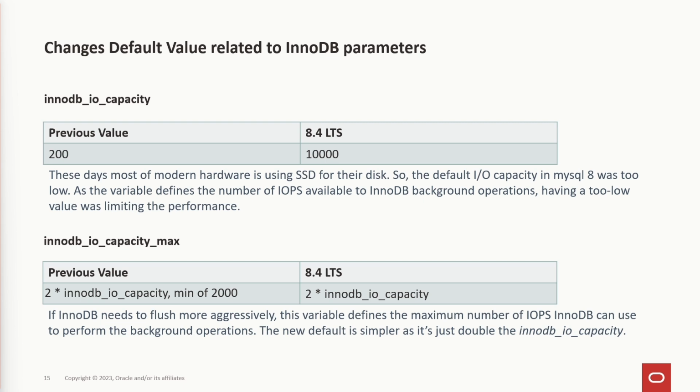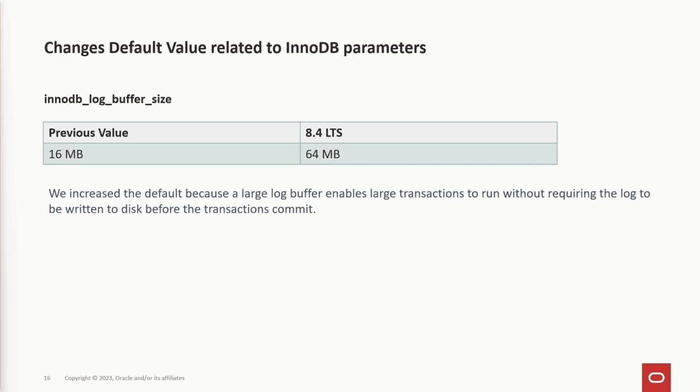And the other one is connected to InnoDB I/O capacity. The max means the maximum I/O capacity we can set, so it's 2 multiplied by InnoDB I/O capacity. InnoDB log buffer size is for the InnoDB log.